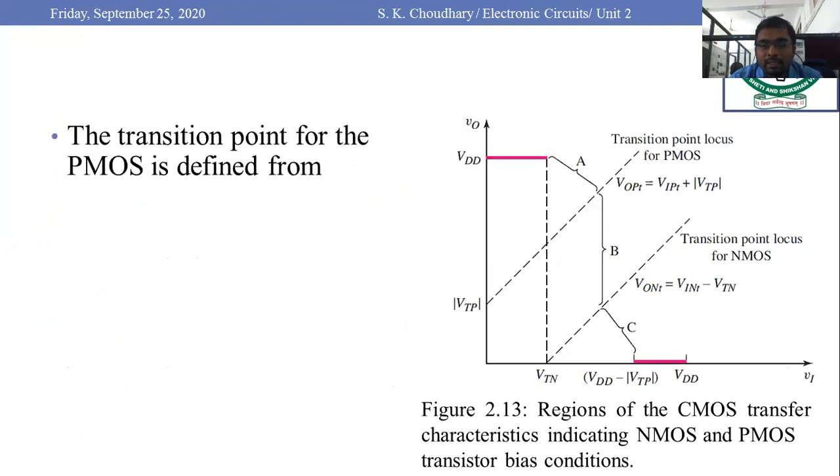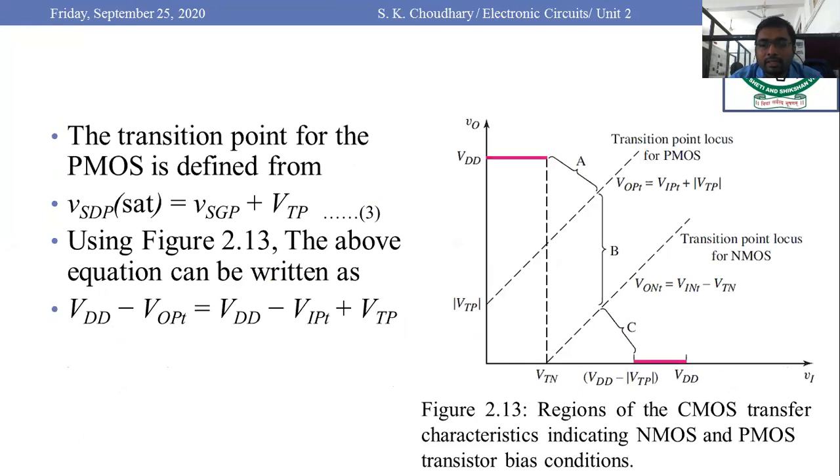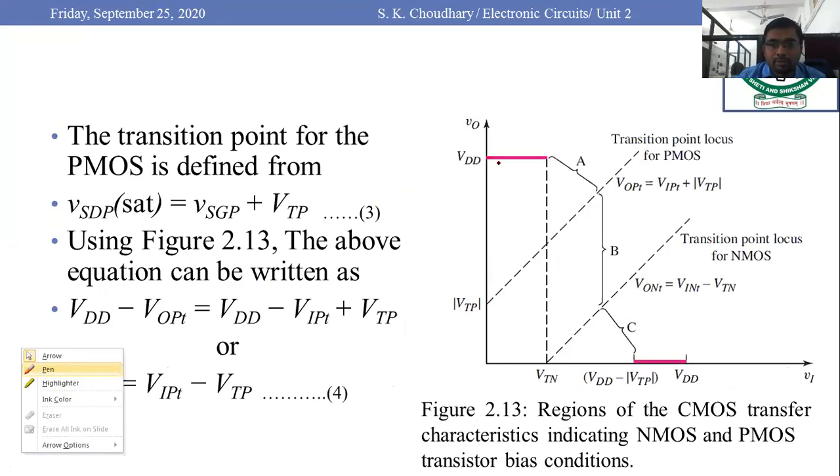From this discussion, we have plotted the regions of the CMOS transfer characteristic, indicating the NMOS and PMOS bias conditions. This is displayed on your screen. You can see a transition point here, meaning where the region of operation shifts, from non-saturation to saturation.